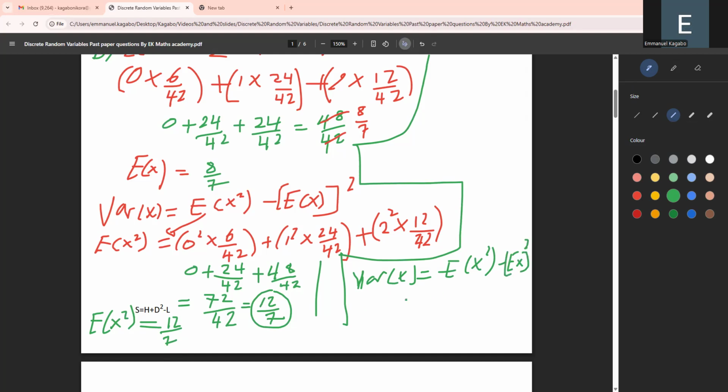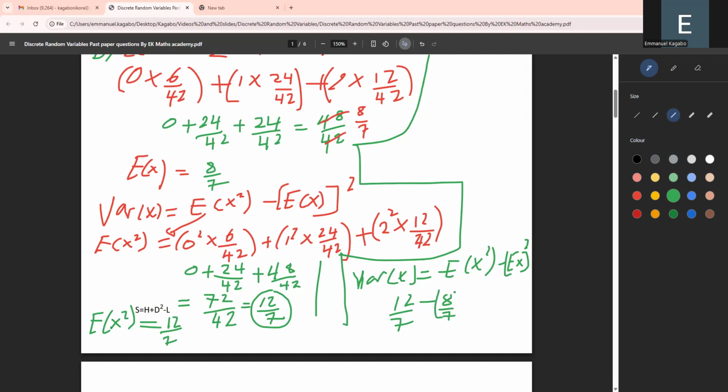So what does that mean? It means I'm going to get 12 over 7 minus the expected value, which was 8 over 7, squared. I hope you understand that, right?